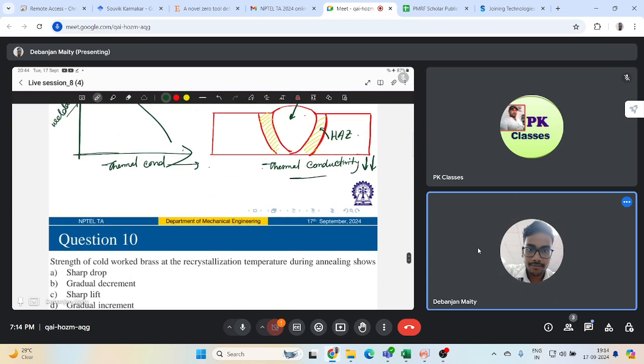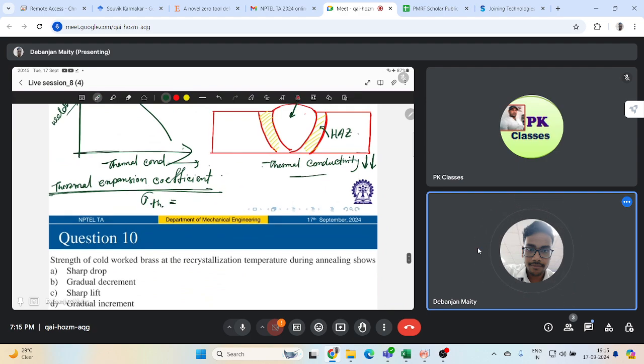So if you want to look at the property like thermal expansion coefficient, first, what is thermal expansion coefficient? It is how the metal will expand with temperature, right? I believe you remember this equation, E alpha delta T.